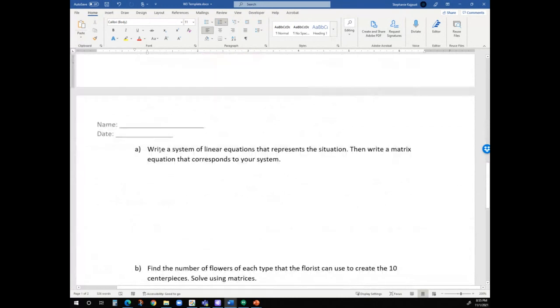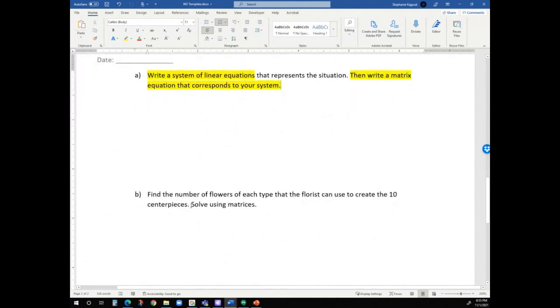Okay, number 3. So again, it says write a system of linear equations. So first I need to see your system. Then you want to write a matrix equation. So this is specifically the AX equals B form. And then make sure you solve using matrices. I've seen a lot of people don't solve using matrices. You need to use matrices to solve.